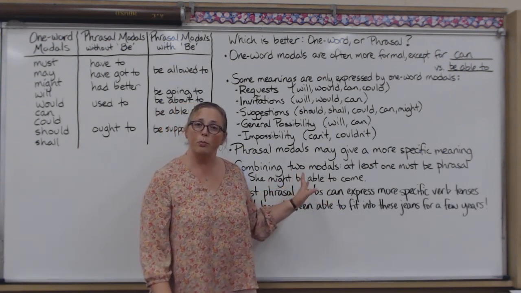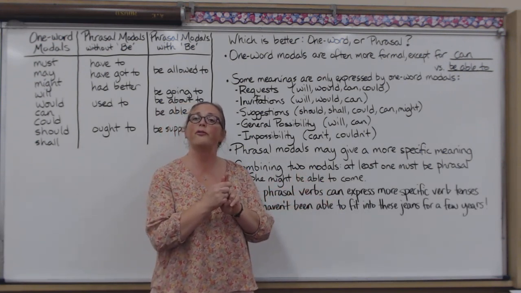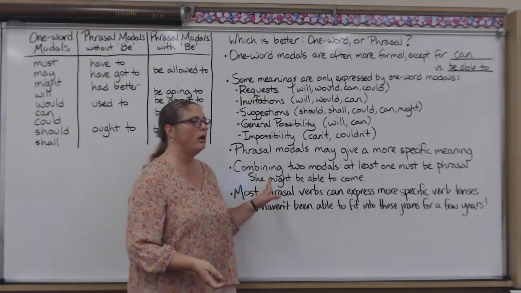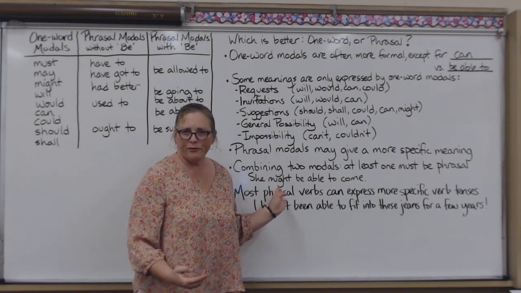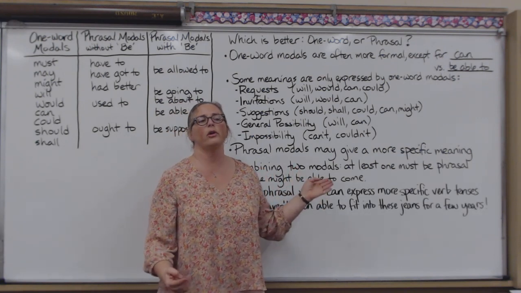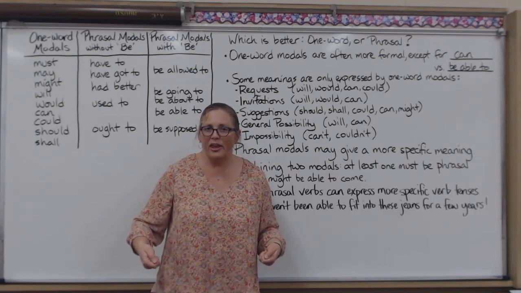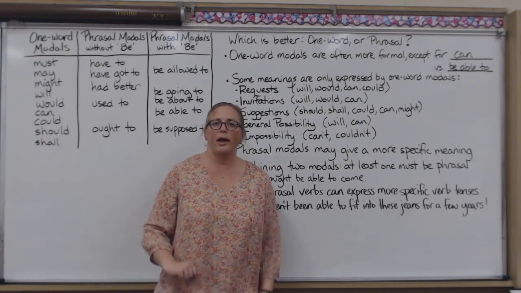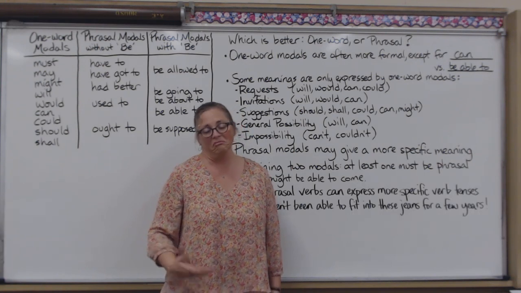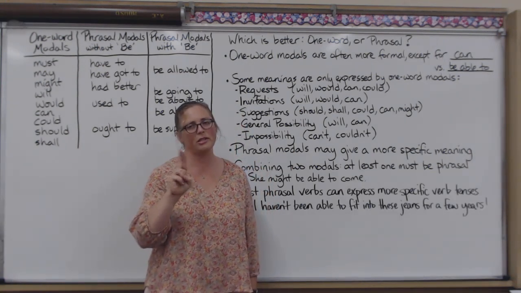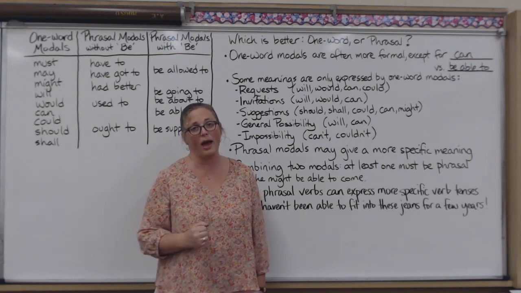It is also possible to put two phrasal modals together. For example, you have to be able to lift heavy things if you work for this company. Okay, have to be able to. Two phrasal modals together. You can do that.